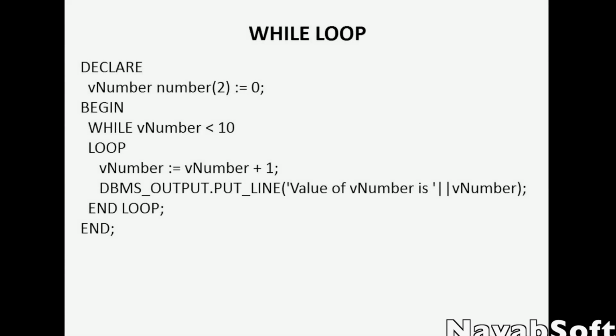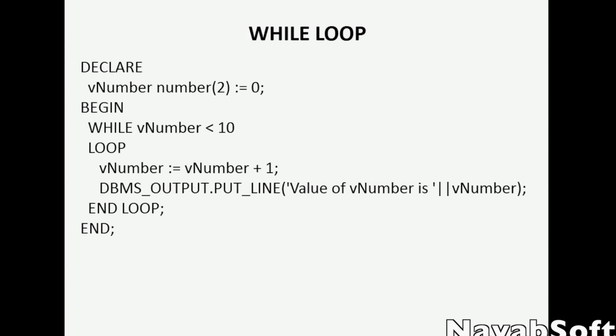In this example, we are incrementing the variable value by 1 after initializing it at 0. And in the WHILE keyword, we are providing a condition that while the value of v_number is under 10, keep repeating the loop.